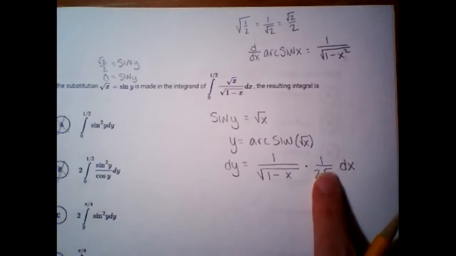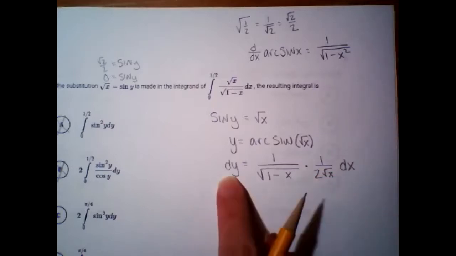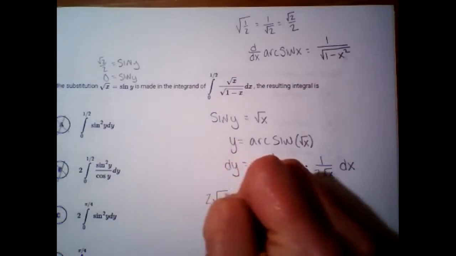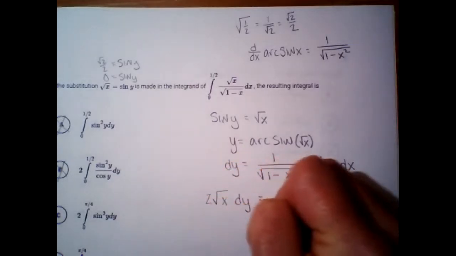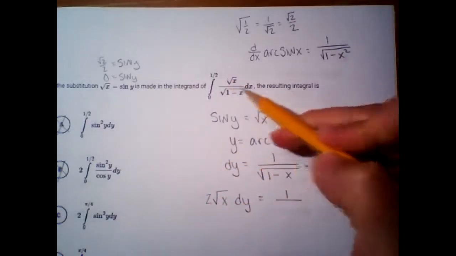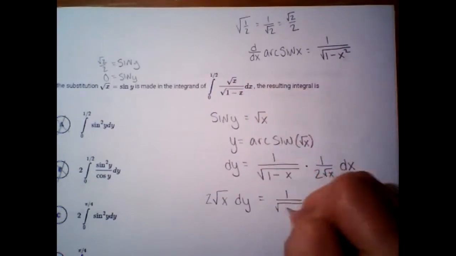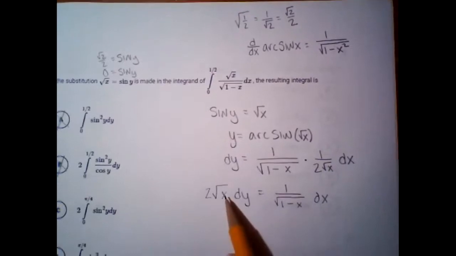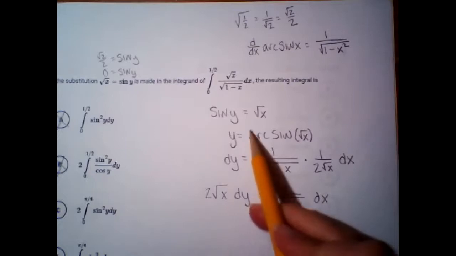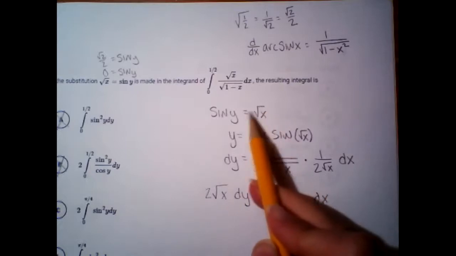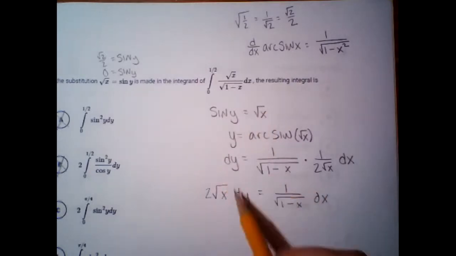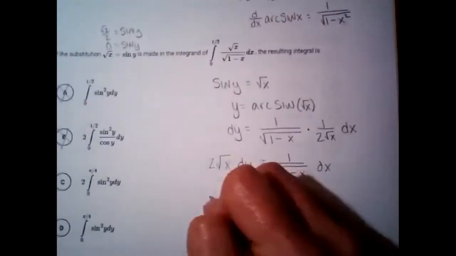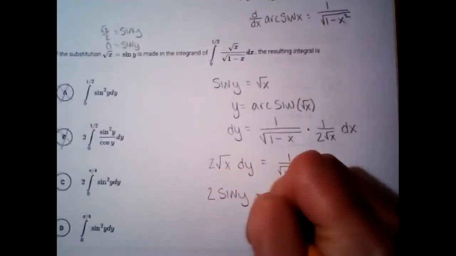Now I'm going to need to multiply this 2 square root of x to the other side, because that's not in the problem. It's not showing up anywhere in here. And then last thing, I can't mix and match the x's and the y's here. But remember, square root of x was equal to sine of y. So I'm going to replace this square root of x with sine of y.